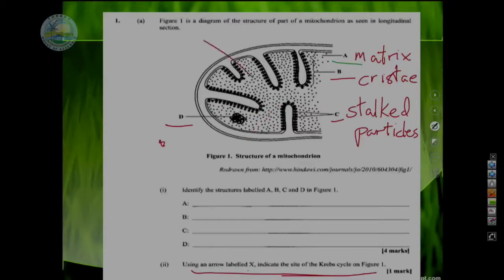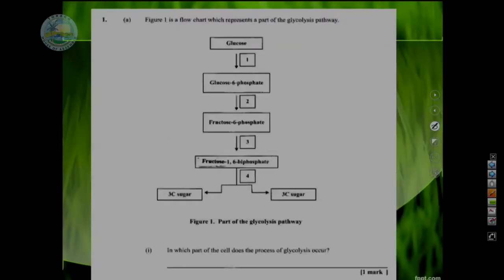Right, so we can have it here. Using an arrow, please, whatever they tell you to do, do it. If they say an arrow, do not just put a line. And we say labeled X, so you'll put X there, right? And so that would have answered that question.